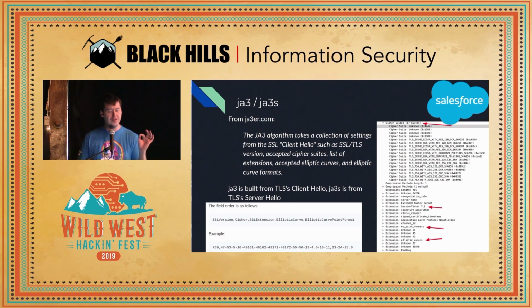But those list of extensions, those list of cipher suites, the SSL version, those are indicators of what type of tool is doing the SSL connection. It turns out different applications have different lists. PowerShell behaves differently than Internet Explorer, behaves differently than Chrome, behaves differently than underlying .NET, which is really, really valuable.